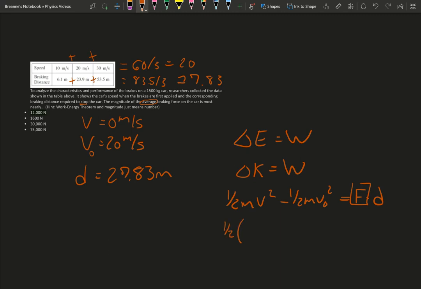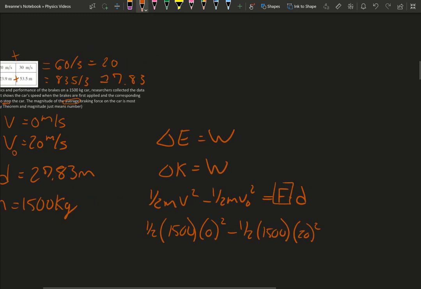So 1/2 our mass, which is given to us in the problem, so it'd be 1500, times 0 squared minus 1/2 of 1500 times 20 squared equals, we're looking for our force, and we have our distance to be 27.83. That just goes to 0, so we get a negative.